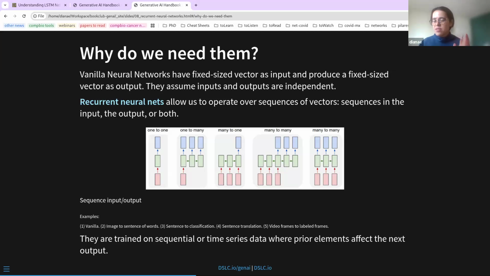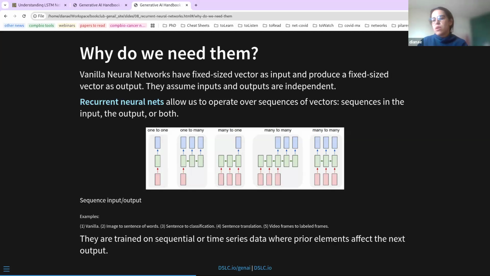They also assume that the inputs and outputs are independent, so if we have one output, the next output is going to be completely independent from the previous one. But recurrent neural networks allow us to operate over sequences of vectors. So we have sequences in the input and sequences in the output or both. And they are trained using sequential or time series data.